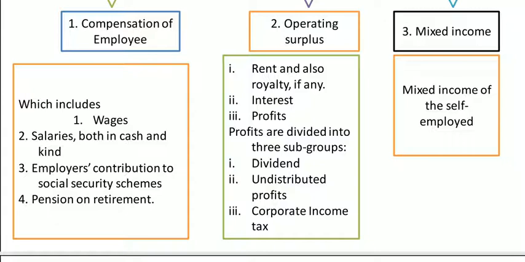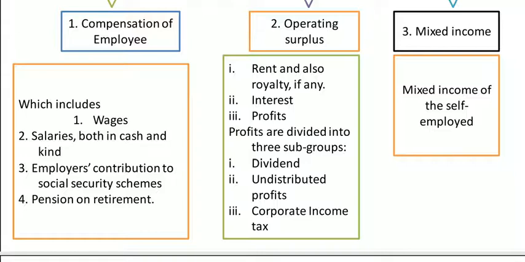Then operating surplus: rent and also royalty, if any, that is your operating surplus. Interest is also operating surplus. Profit is also operating surplus. So here profit is divided into three subgroups: number one dividend, number two undistributed profit, and number three corporate income tax.